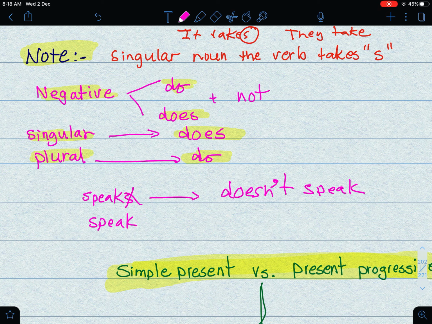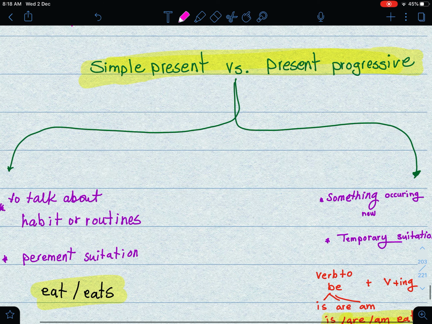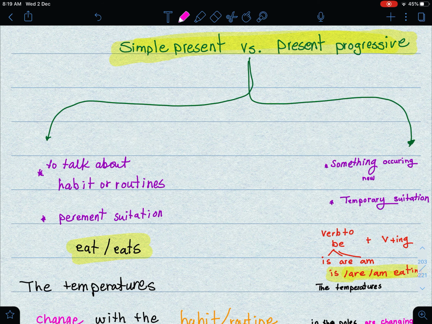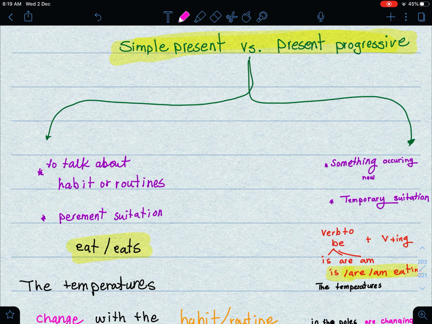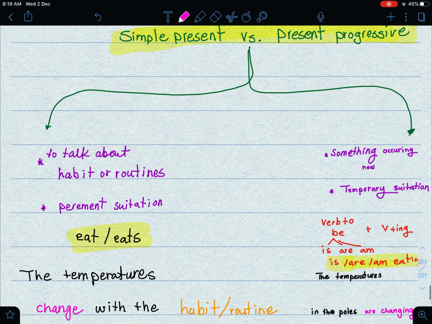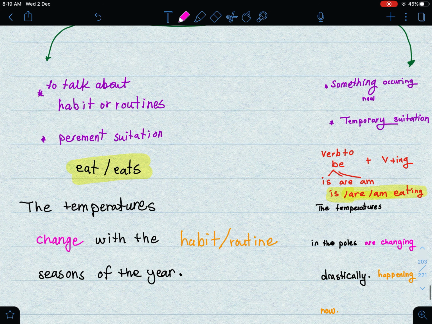But if I have, for example, speak, which is for the plural, or with I when you speak about yourself, first person, it's gonna be do not speak. It will be the same. This is very important, so I thought that I should explain this. Now let's take a look at the simple present versus the present progressive. Simple present اللي هو مضارع بسيط، لكن present progressive مضارع مستمر.